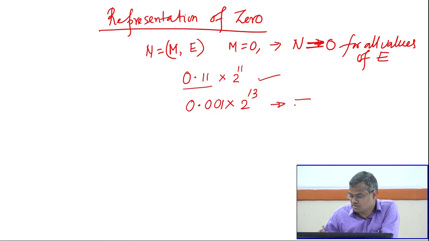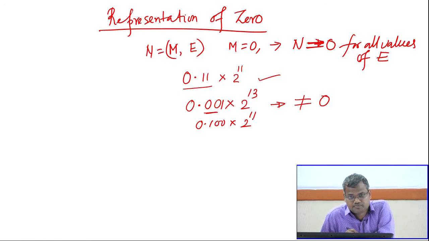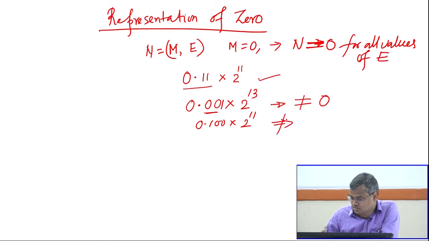So this number is never 0. But if you want to represent it with only 2 bits, the mantissa is 0 and the exponent could be any value. If we normalize it, what will happen? We will get 0.100 into 2 to the power 11. So this is never 0.